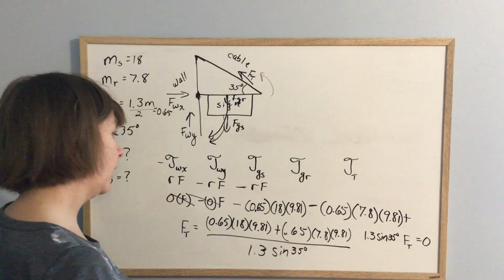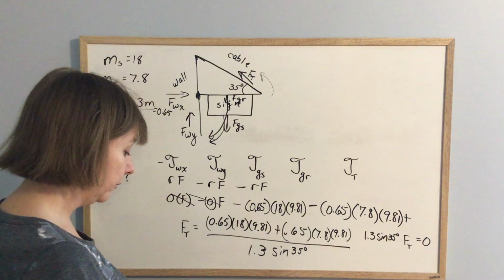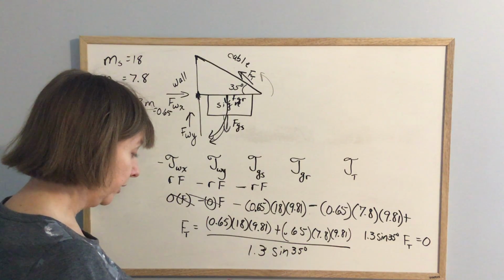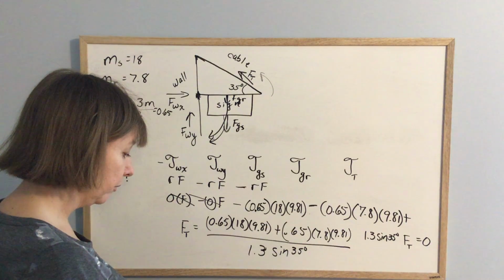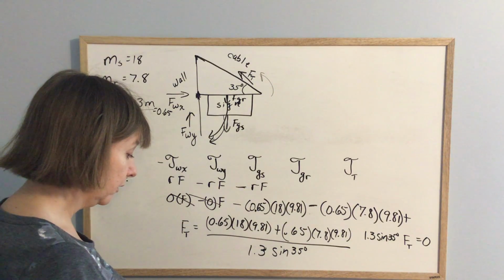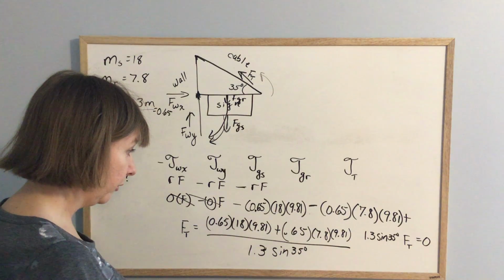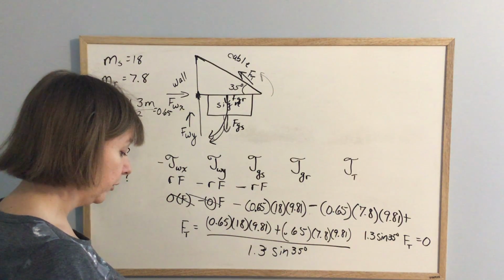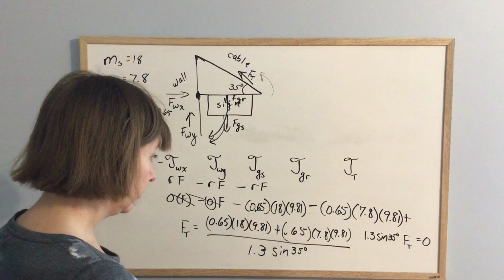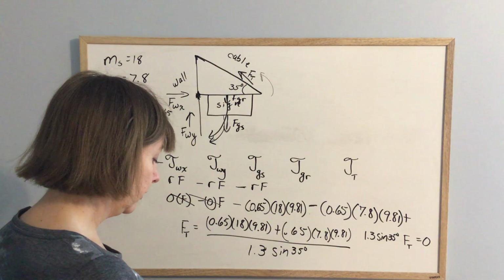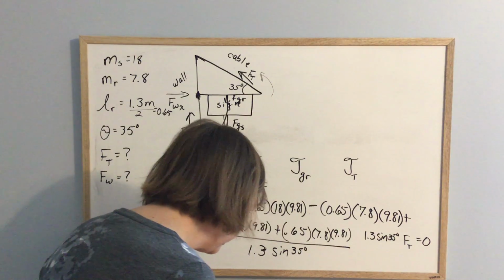So if I do that, 0.65 times 18 times 9.81 plus 0.65, whoops, let me do that in brackets, plus 0.65 times 7.8 times 9.81, and that's all divided by 1.3 times sine of 35, and I get 237.